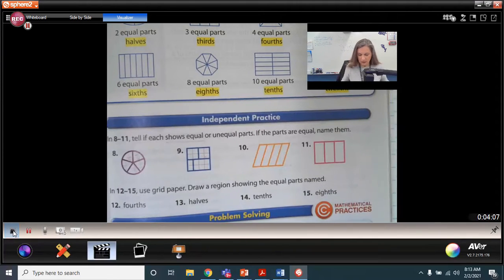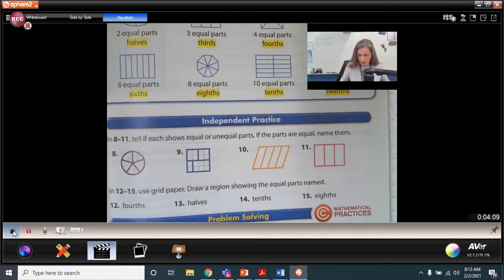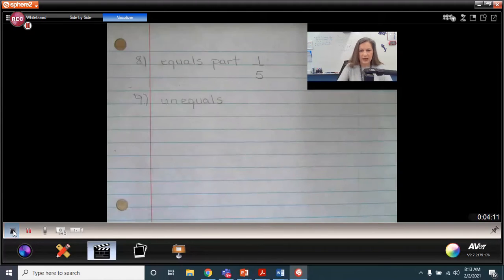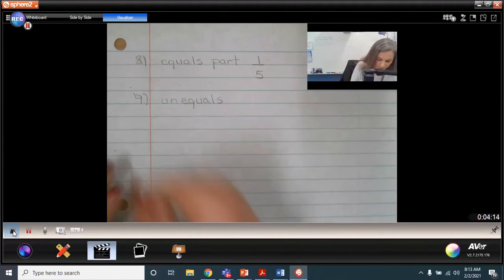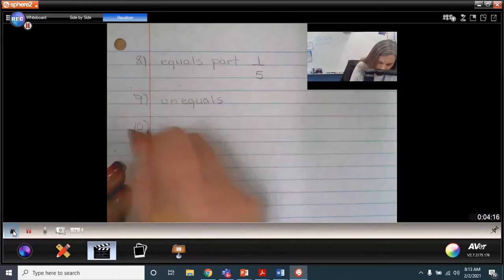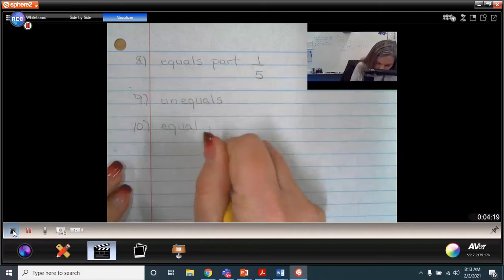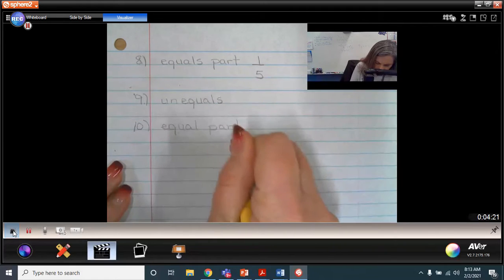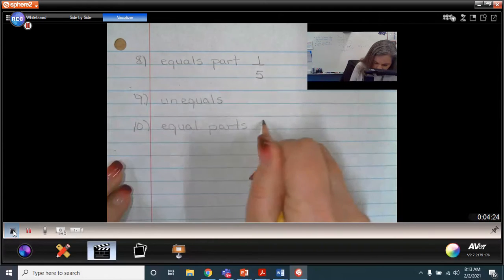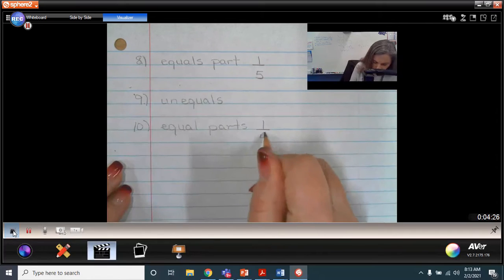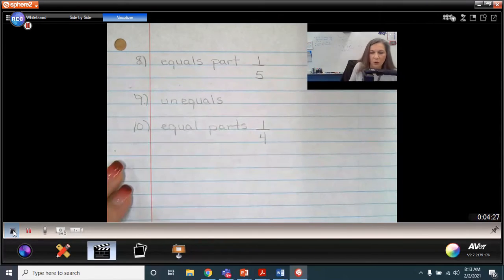So this is called a parallelogram. And so we're going to say that these are equal parts, and each one of those parts would be labeled or named 1/4, or a quarter.